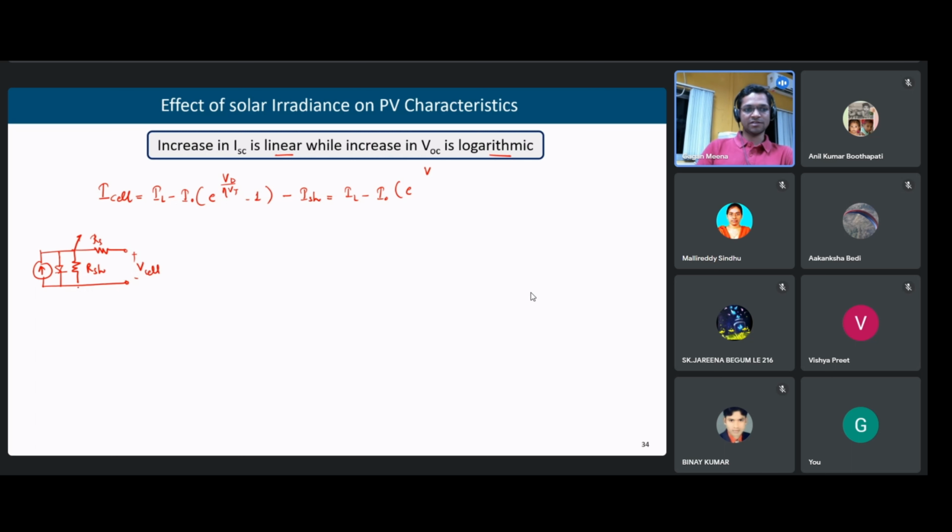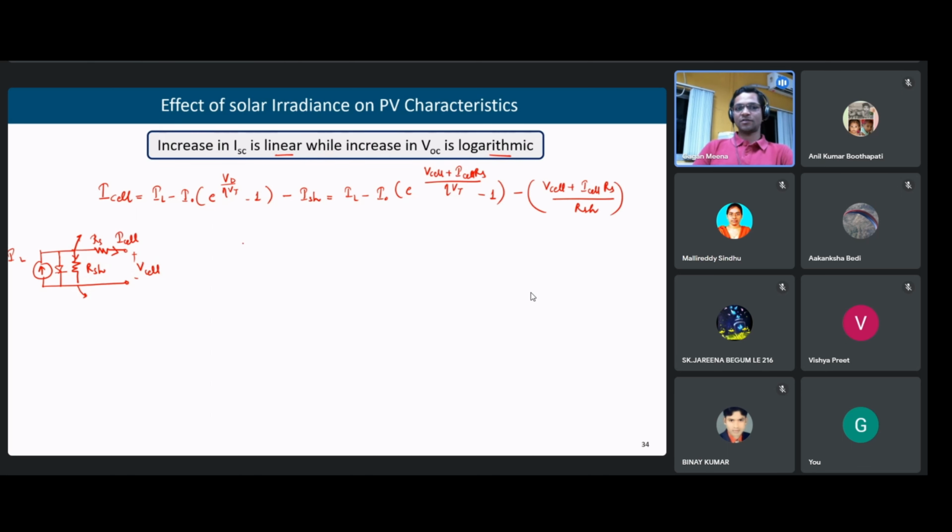So we want this voltage, this is VD, and this voltage will be V cell plus this drop. So it will be V cell plus I cell into RS, divided by eta VT, minus 1, minus ISH. The current in this branch is the voltage across the resistor RSH divided by this resistance. So it is the same as V cell plus I cell RS, upon RSH. Correct?